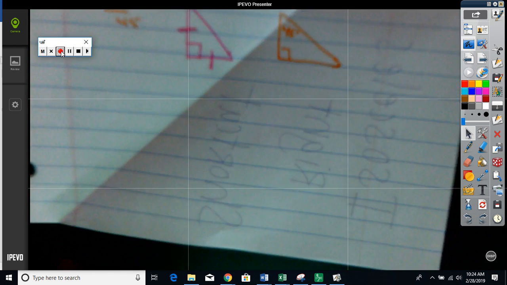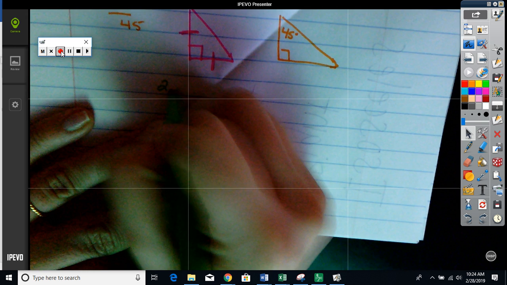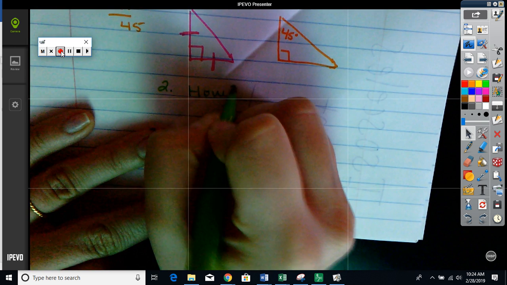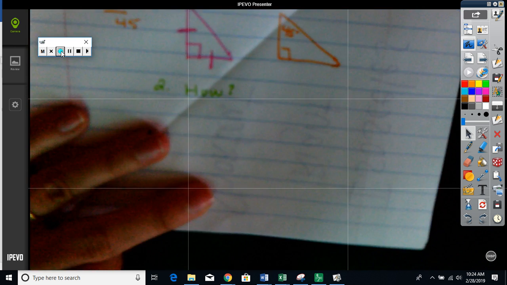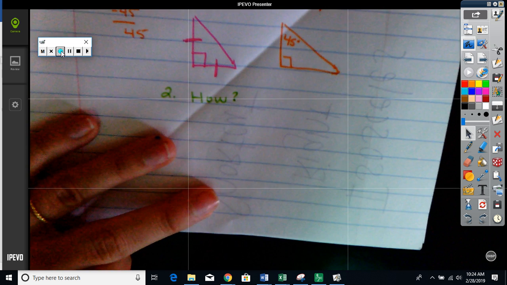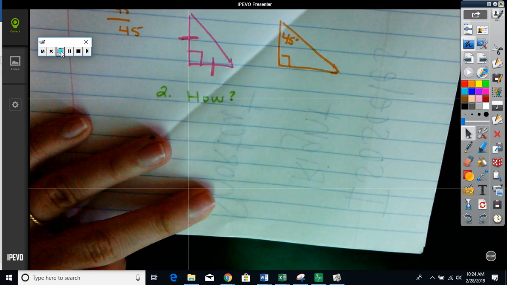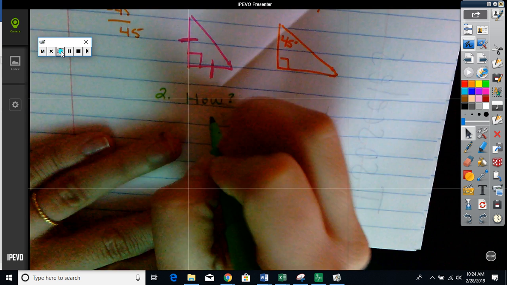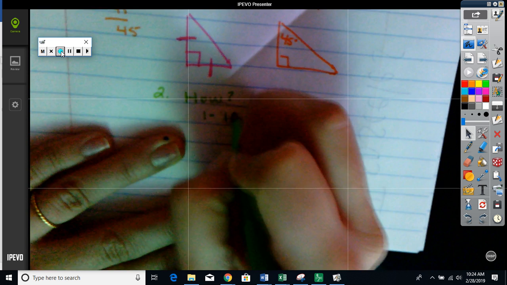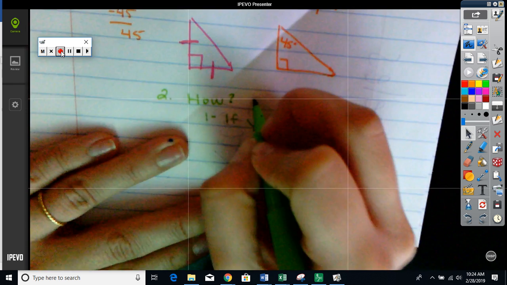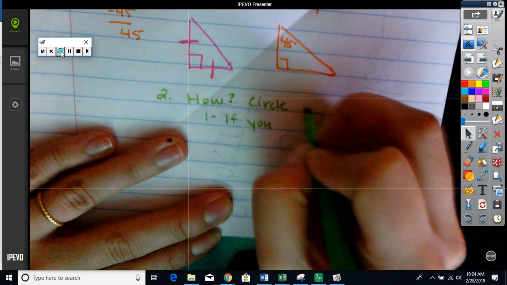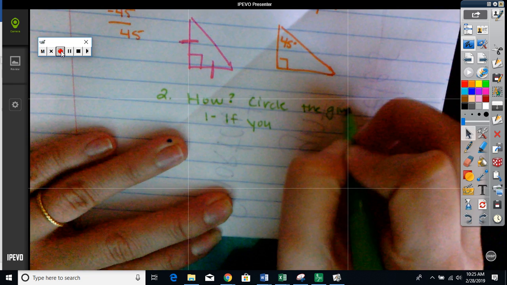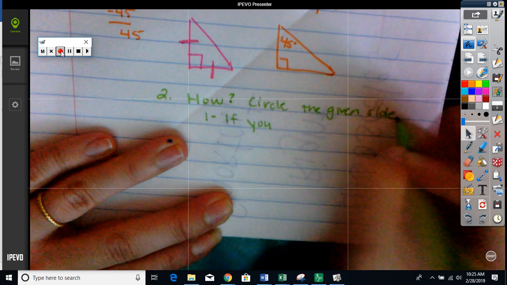Here's how to use the shortcut. How do you use a shortcut? It's a shortcut because there's only one or two things you do. First you're going to circle the given side.